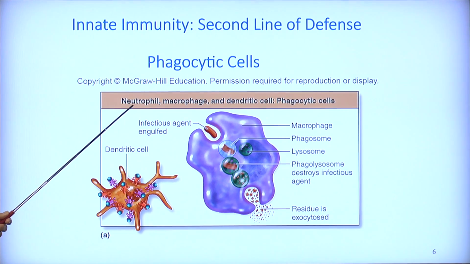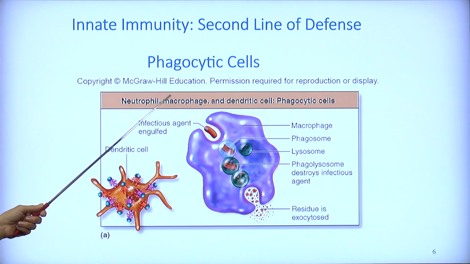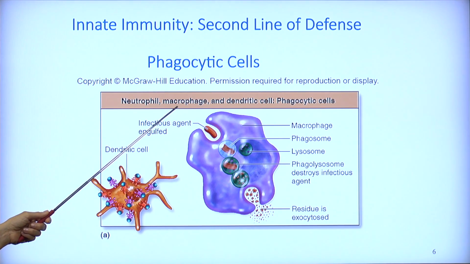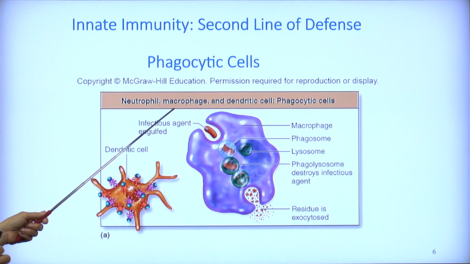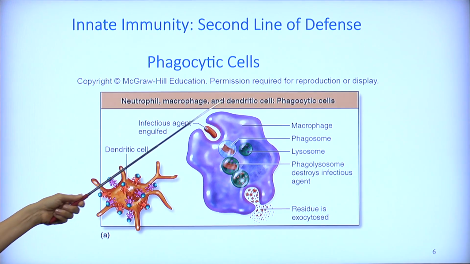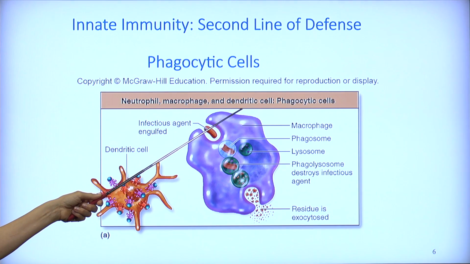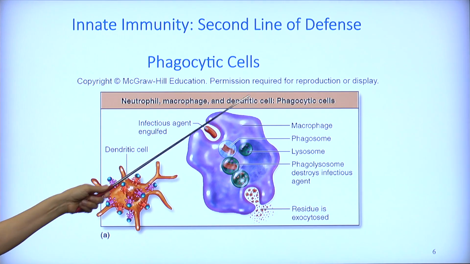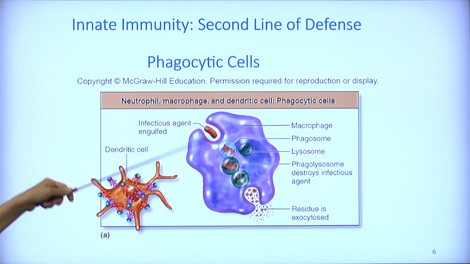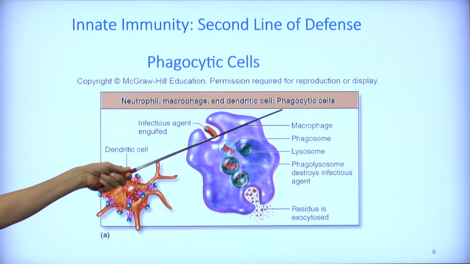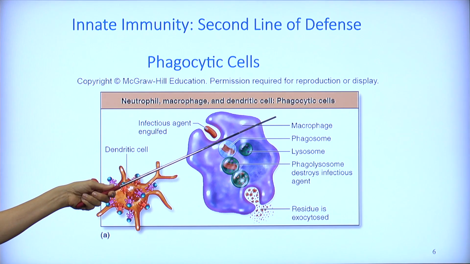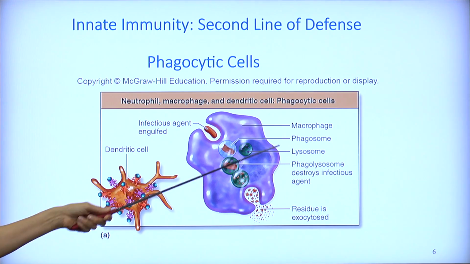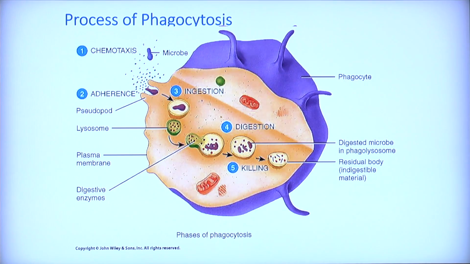The neutrophils of the white blood cells, the macrophages, which are activated monocytes that go to the tissues, dendritic cells in the skin and in other areas. All of these are phagocytic cells. What do they do? Phage comes from eating, mouth, so they actually take in the microbes and they eat them and they process them, and this is the process of phagocytosis.